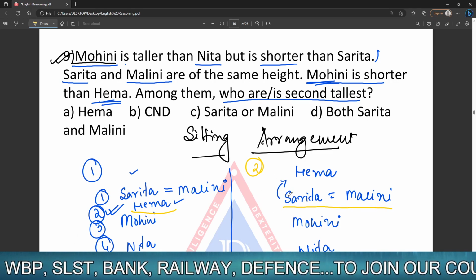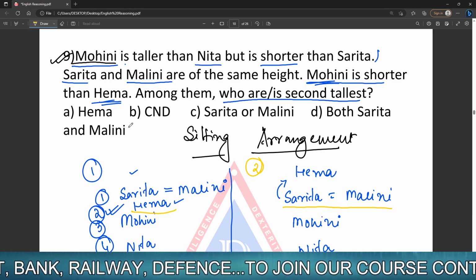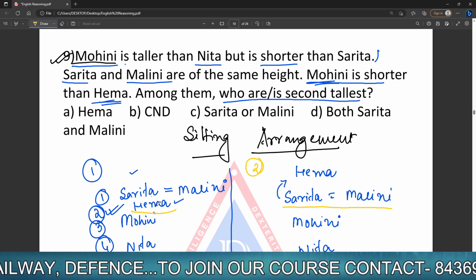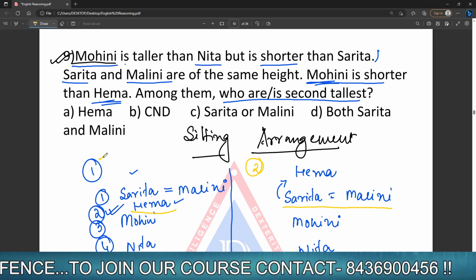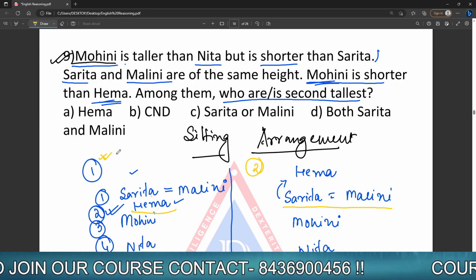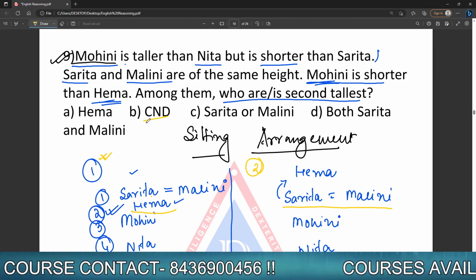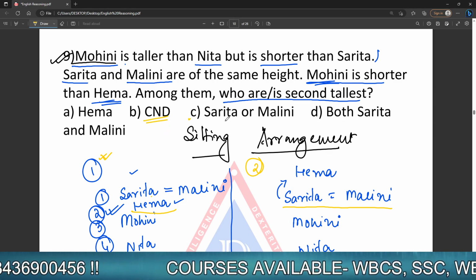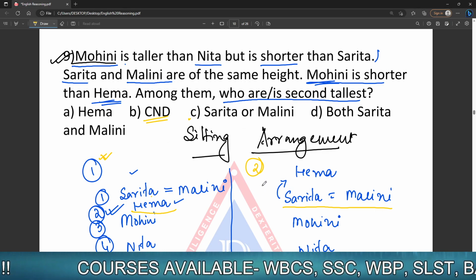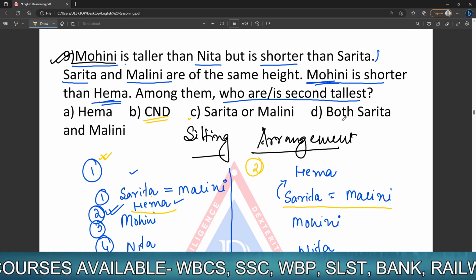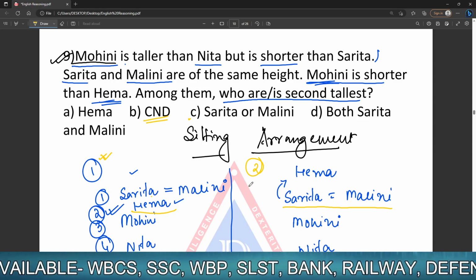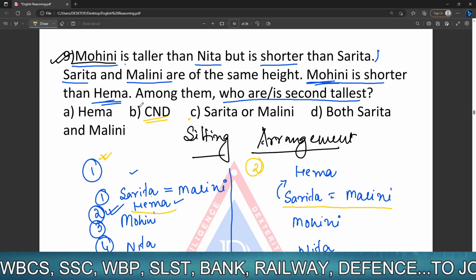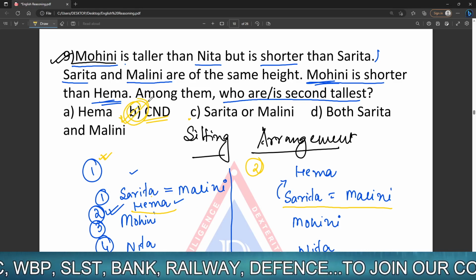So we don't know. Option A is Hema, if we go with possibility number 1. Then C and D mean cannot be determined. Option B is Sarita or Malini if we go with the second possibility. And D is both Sarita and Malini. We don't know because we have two possible situations. So the answer for this question is option B, that is cannot be determined.